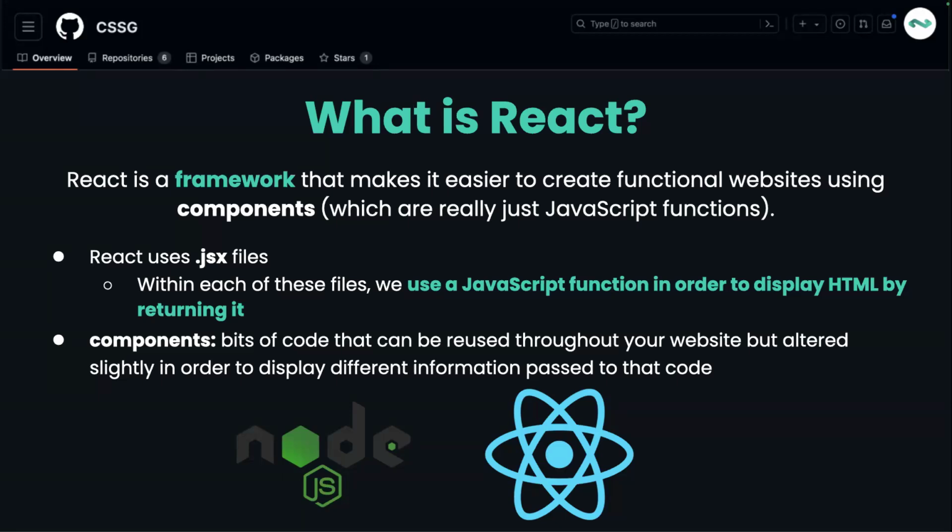React uses JSX files, which is also unique. In simple websites, you'd be using JS, but here we're using JSX files, which contain those JavaScript functions that return and display HTML. Here's a definition of components: code that can be reused throughout your website, but altered slightly to display different information that's passed to that code.